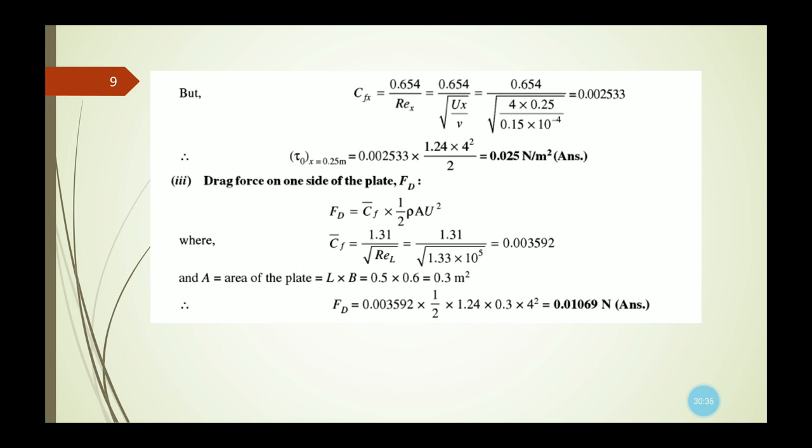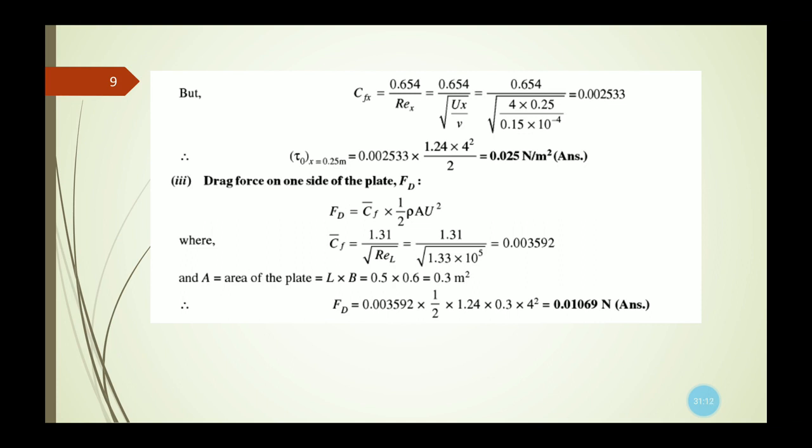Now for the last part of the numerical, we need to calculate the drag force on one side of the plate. The formula of the drag force is Fd equals Cf, the skin friction coefficient, multiplied by half rho u square. Corresponding to this velocity profile, the value of Cf is 1.31 divided by root under Re_L. This Re_L is known to us, we have calculated it. So the skin friction coefficient we have calculated here is 0.003592, and the area of the plate you can calculate because the length and width of the plate are given.